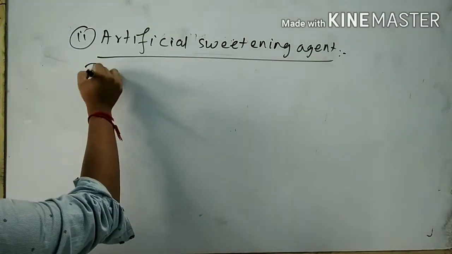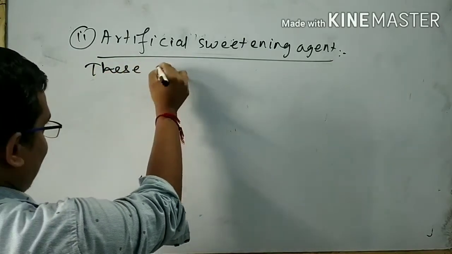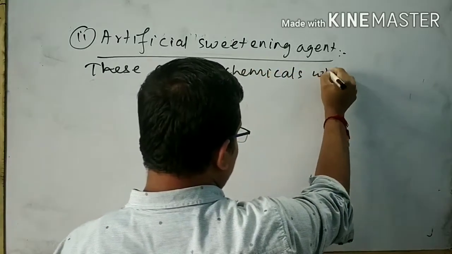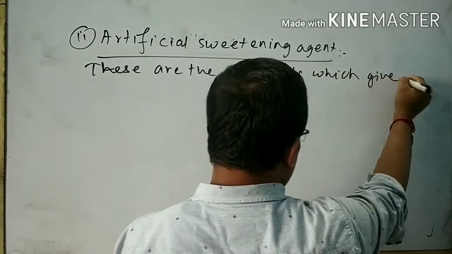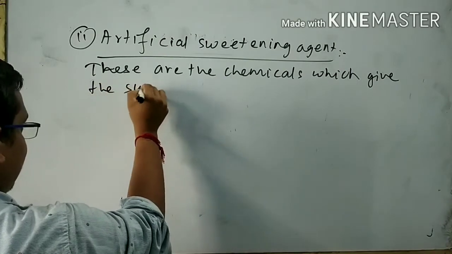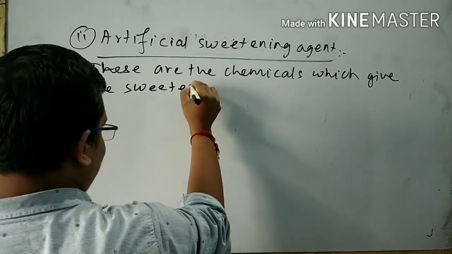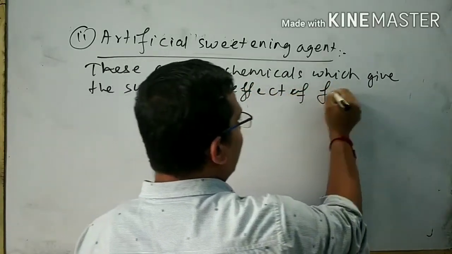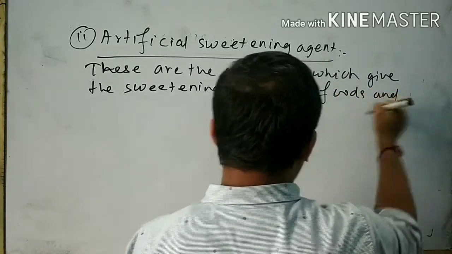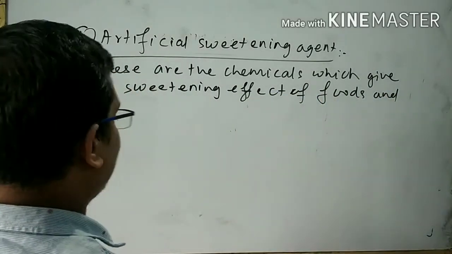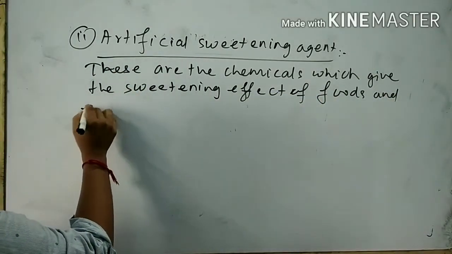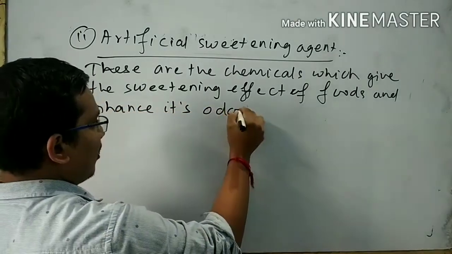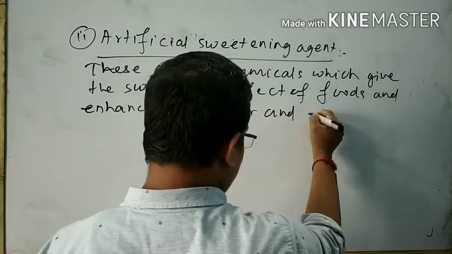So we can write: these are the chemicals which give the sweetening effect to foods. That means they increase the sweetness of the food and enhance its odor and flavor.